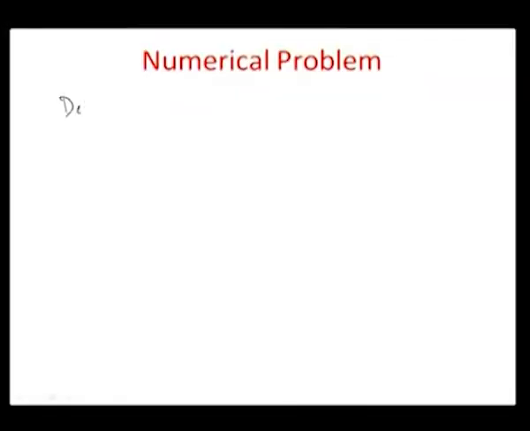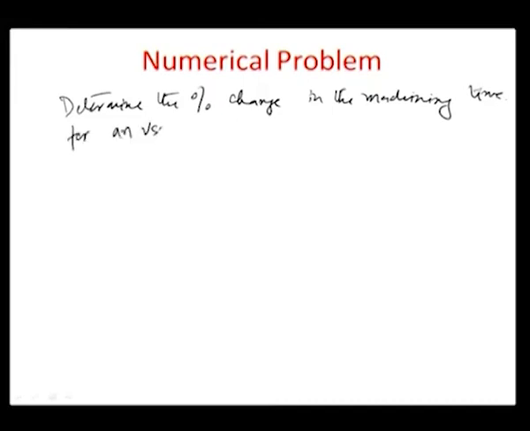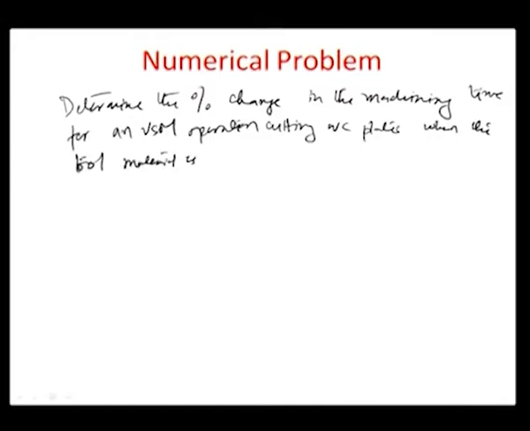Let us say we have this example where we want to determine the percentage change in the machining time for a USM operation cutting a tungsten carbide plate, when the tool material is changed from copper to stainless steel.